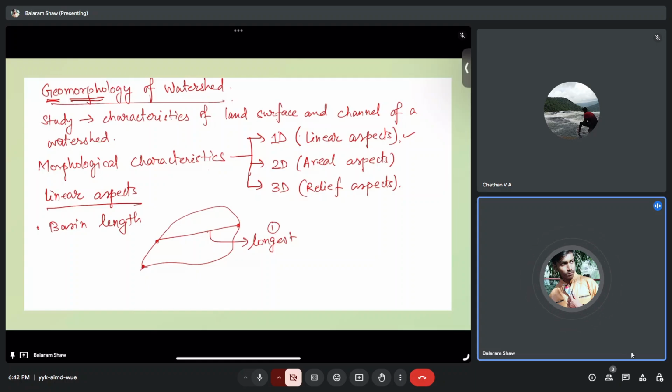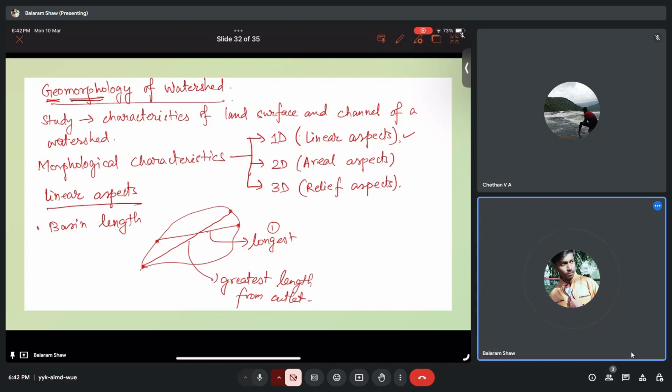So let's say this is the outlet point, and from here this is the greatest length from the outlet to any point on the perimeter of the basin. Or let's say if there is some river, let's say this is the channel. Okay. So the length of this channel, we call that the basin length. Okay. So this is the length of the mainstream.